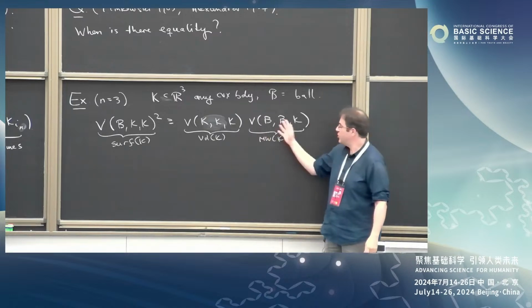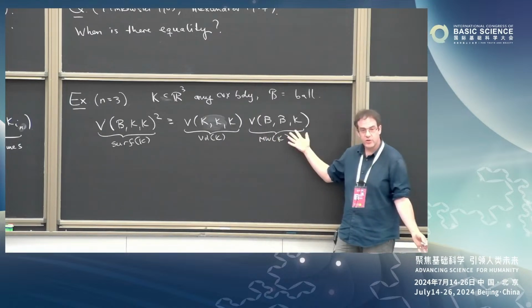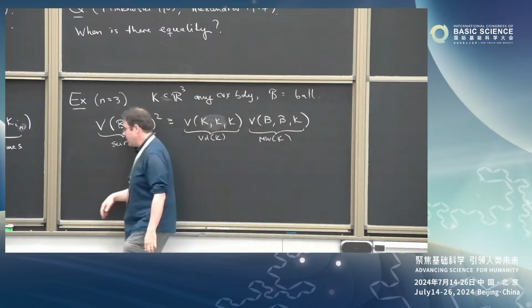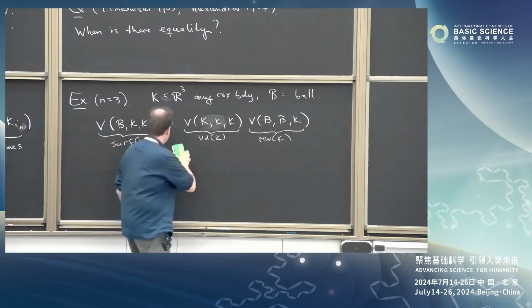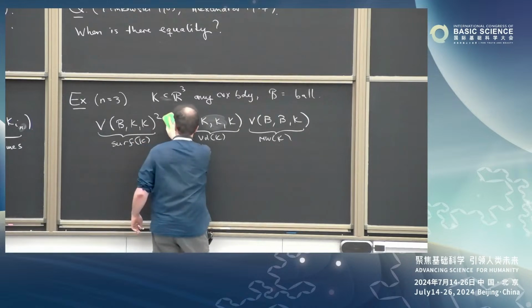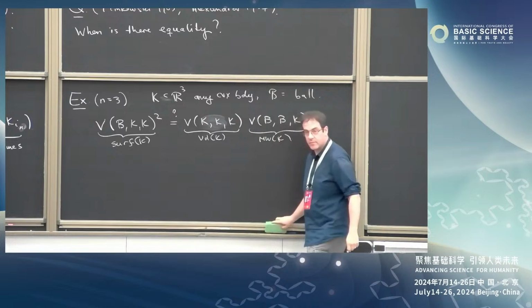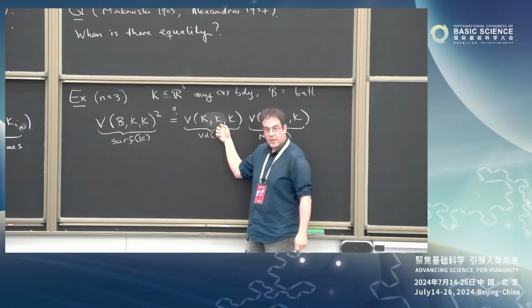For example, here are 3 geometric parameters with a geometric inequality between them. What does it mean to have equality in this inequality? Always strict or equal?